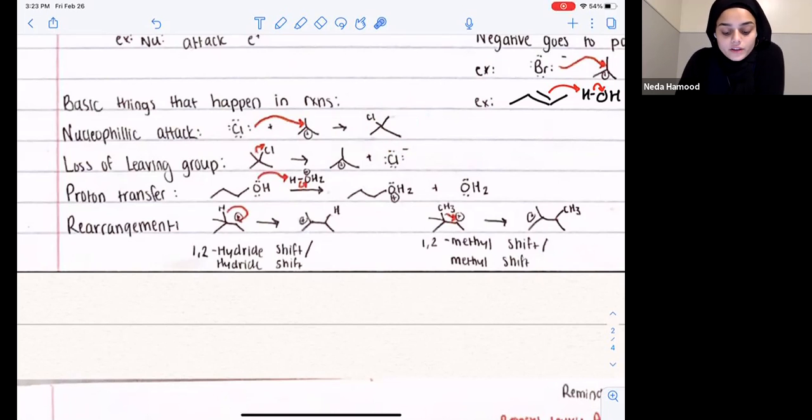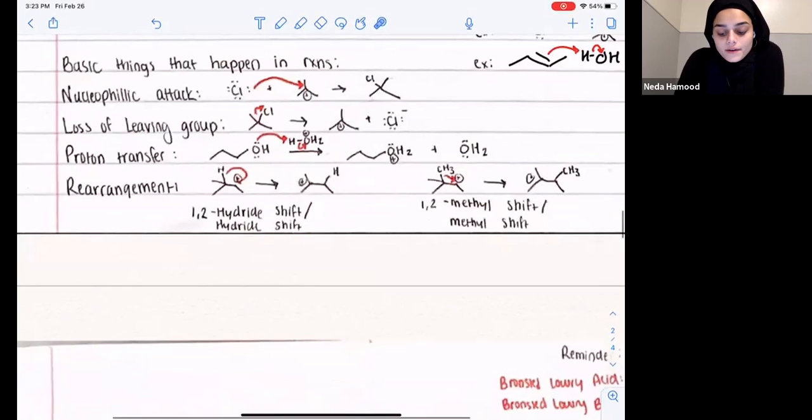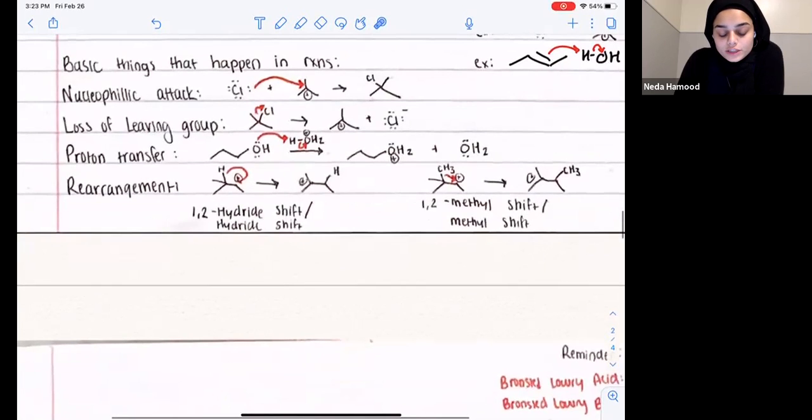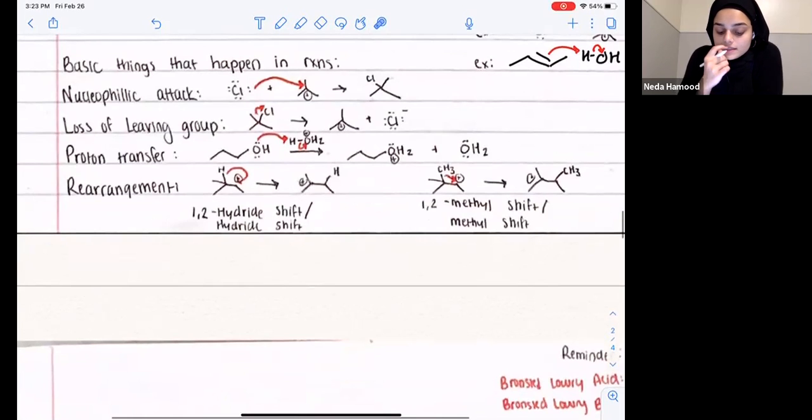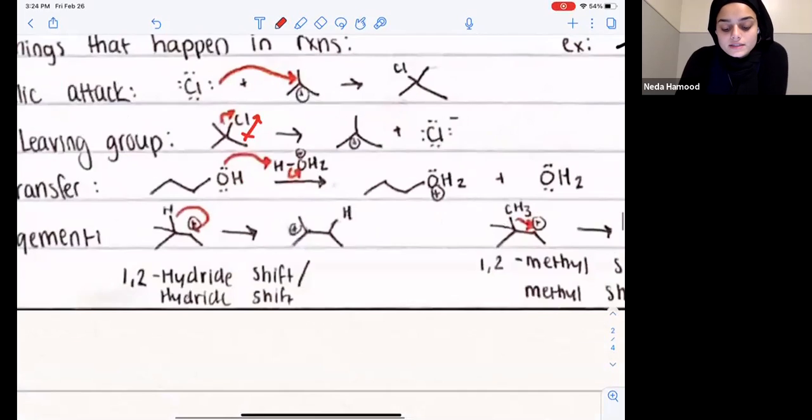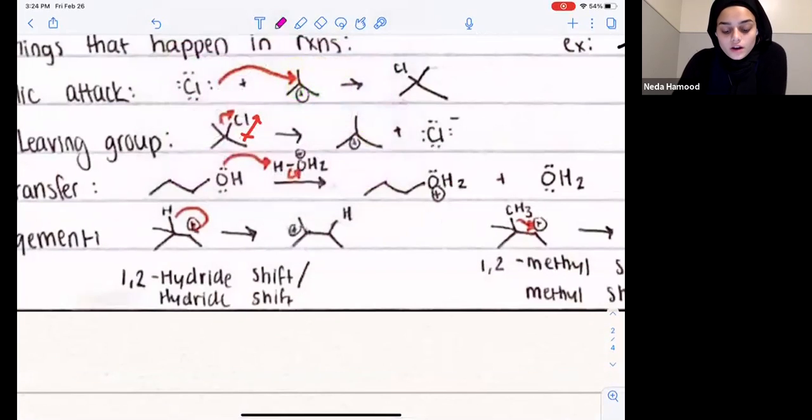Then over here, we have a loss of leaving group. This is different than negative going to positive. Technically in this case, the carbon in the center looks like this, but it's able to leave because these other carbons are giving their electrons to that center.